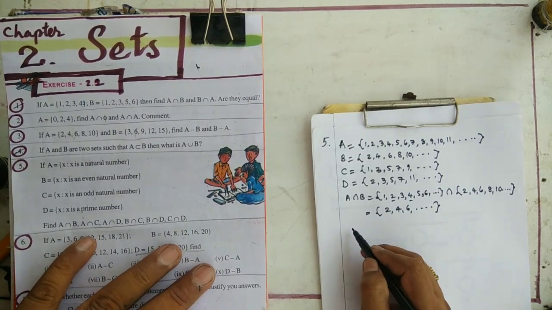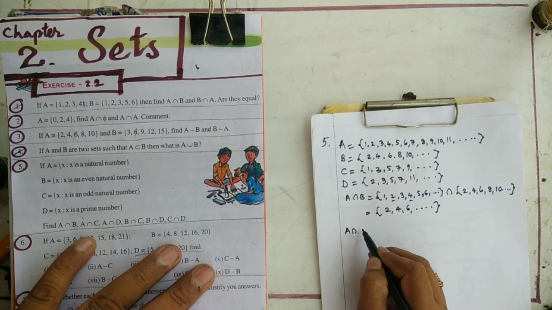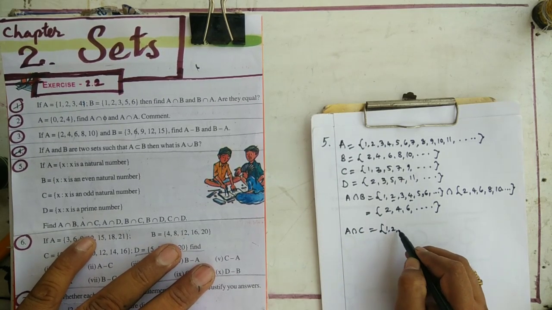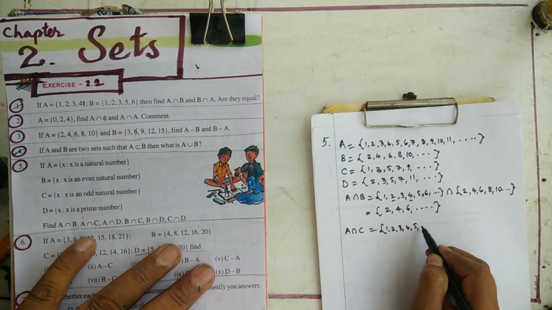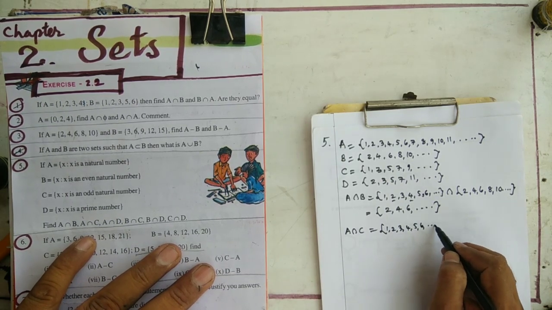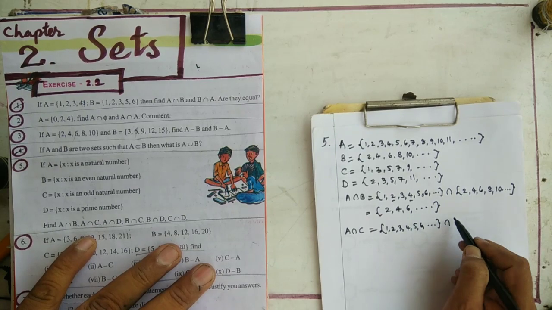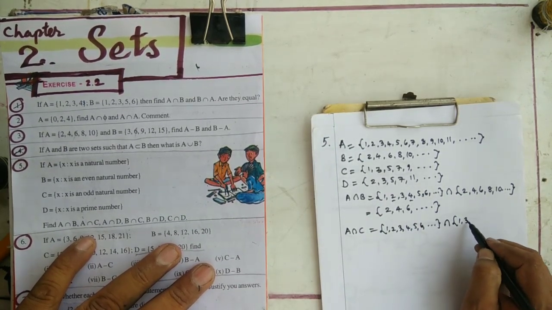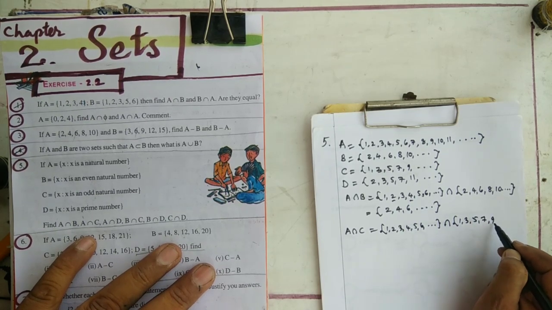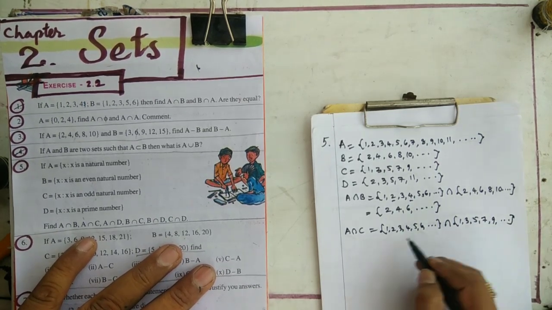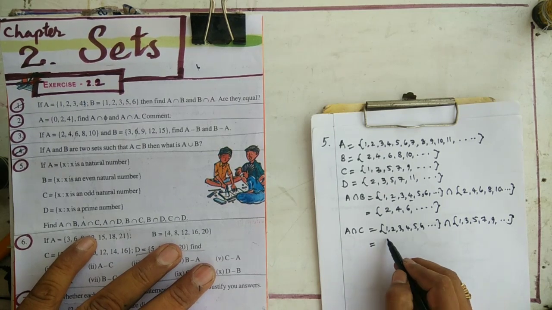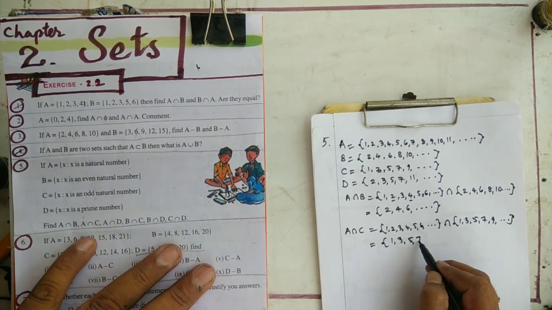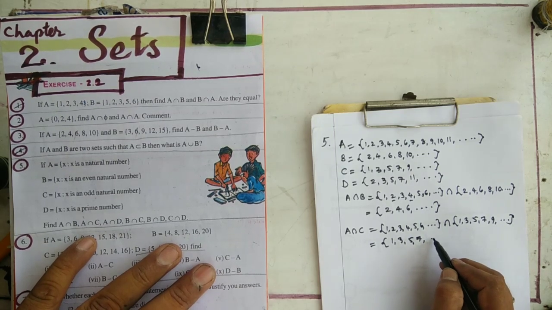Next, A intersection C. A is the set of 1 2 3 4 5 6 and so on. C is the set of odd numbers 1 3 5 7 9 and so on. So what are the common elements? 1 3 5 7 and so on.